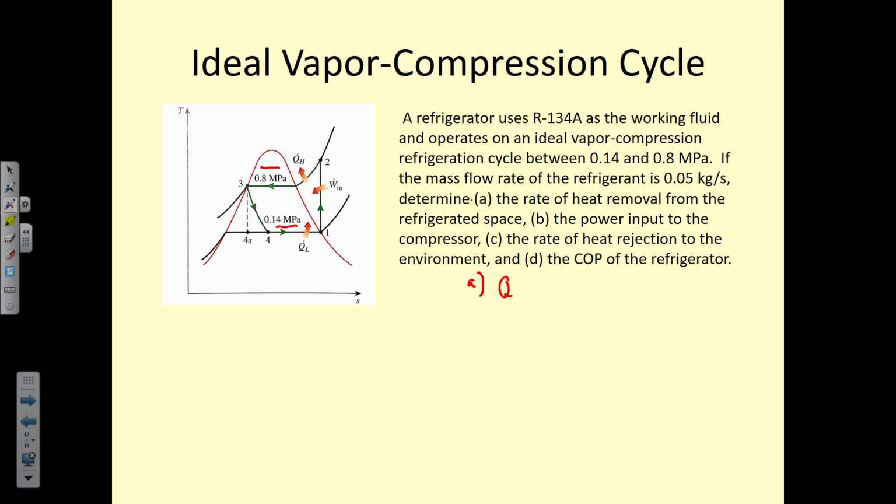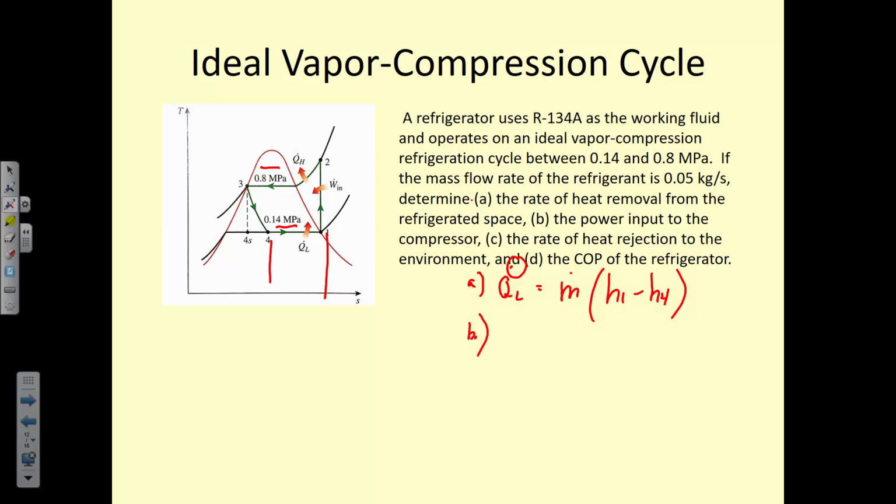But yes, it's Q dot L. So what is Q dot L in terms of properties? It's the area under the 1 to 4. Okay, so the mass flow rate, because it's a Q dot, times H1 minus H4, right?